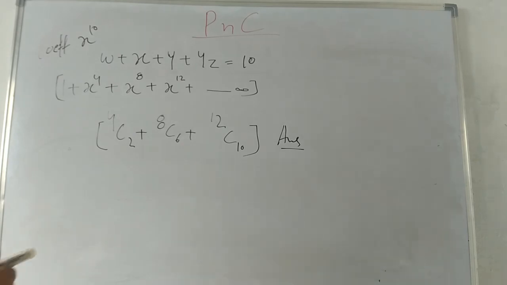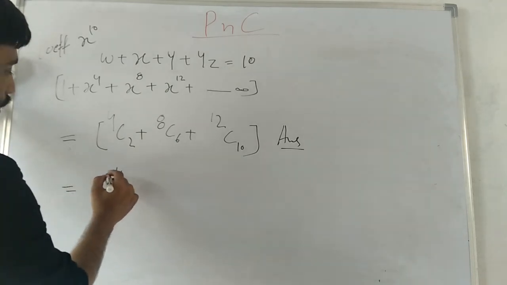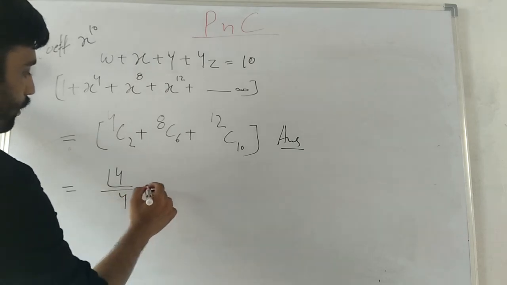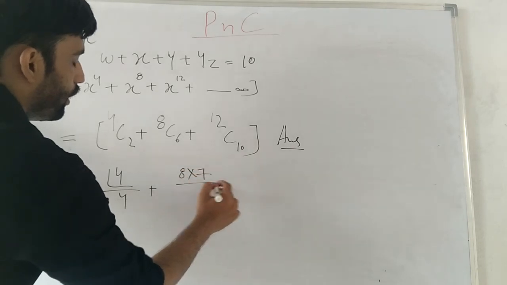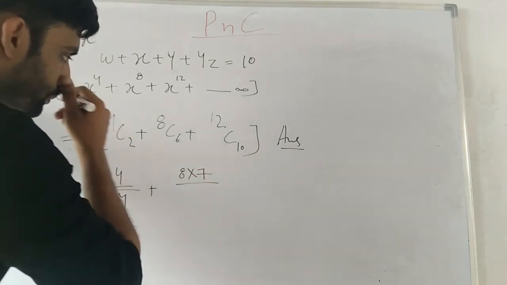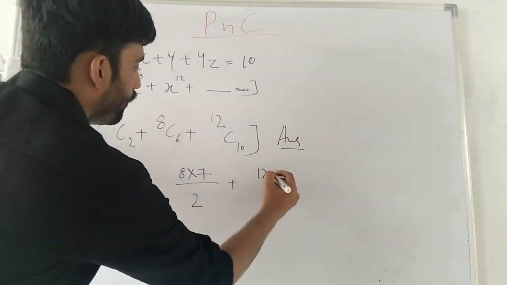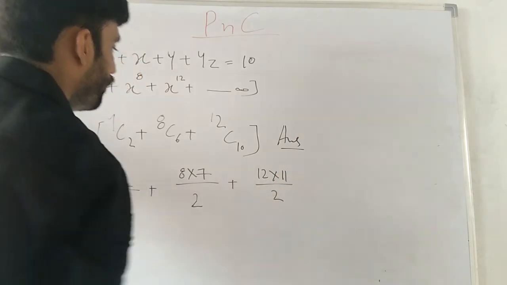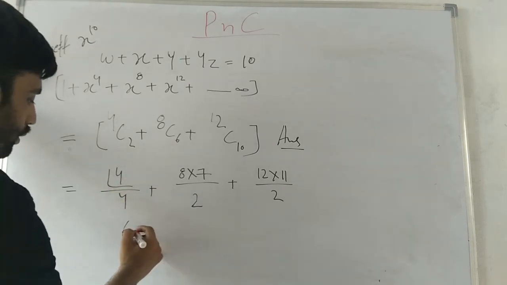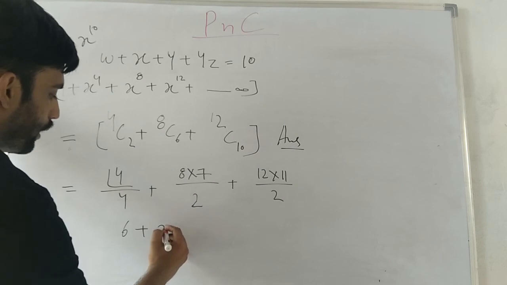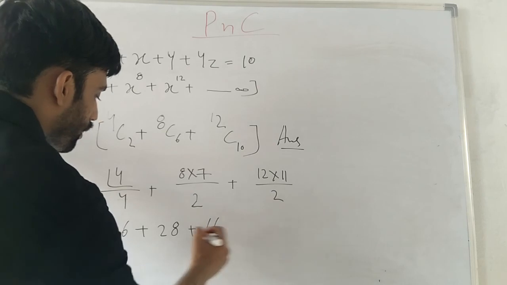This question is quite long, but no problem. 4c2 will become factorial 4 upon 4, plus 8c6 will become 8 into 7 divided by 2, and 12c10 will become 12 into 11 upon 2, so it will become 6, it will become 28, and it will become 66.